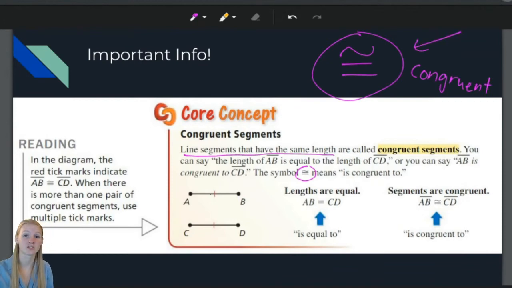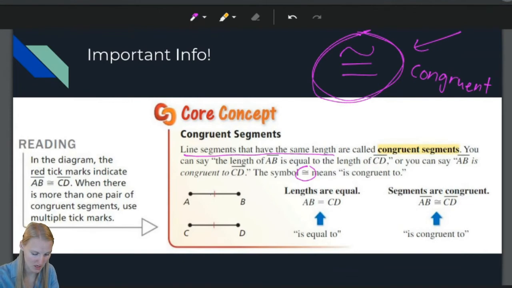Memorize this symbol. You are going to see it in every chapter from here on out. Every chapter. So, memorize that symbol and get comfortable with this symbol. It means is congruent to. So, if you want to say the lengths are equal, you write it this way. You don't need the line above it.